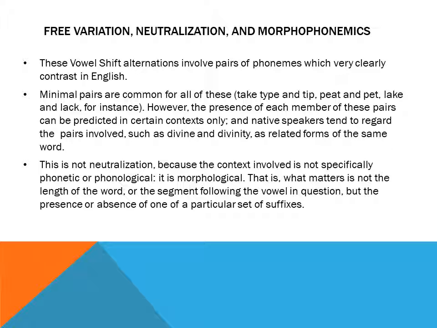However, the presence of each member of these pairs can be predicted in certain contexts only, and native speakers tend to regard the pairs involved, such as divine and divinity, as related forms of the same word. This is not a naturalization because the context involved is not specifically phonetic or phonological, it's merely morphological. What matters is not the length of the word or the segment following the vowel in question, but the presence or absence of one of a particular set of suffixes.